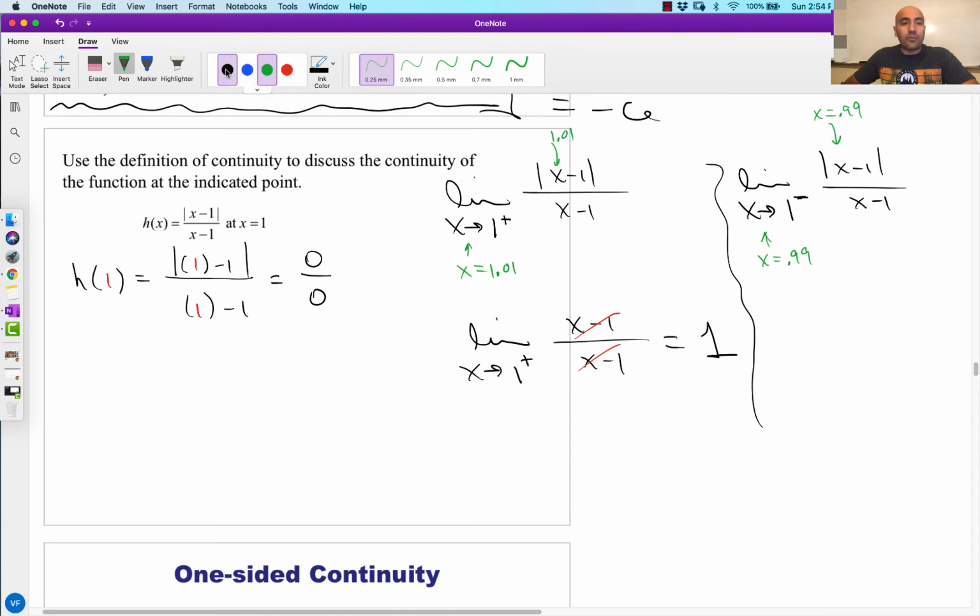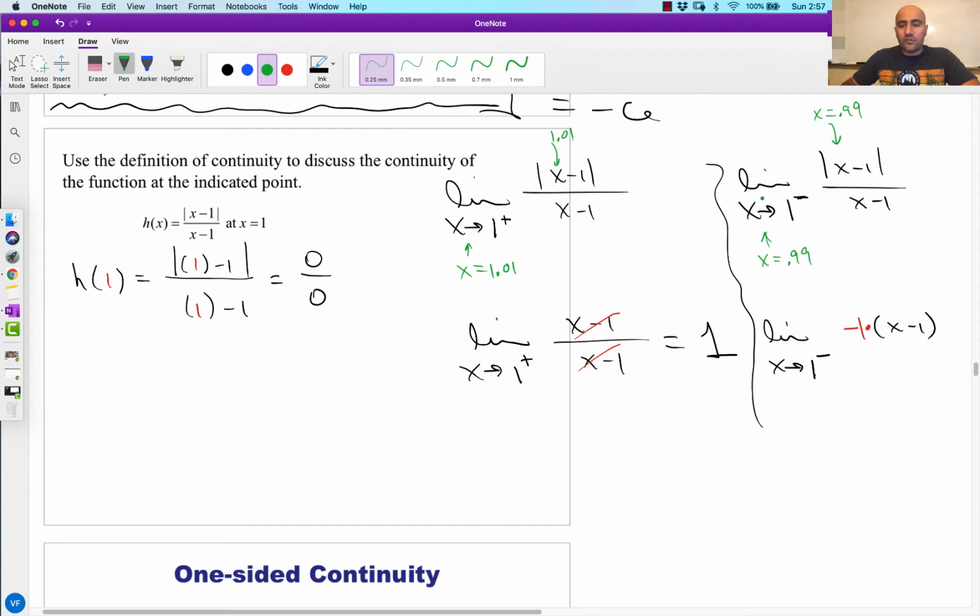So I can replace this absolute value by saying that it's equivalent to the following. It's the limit as x approaches 1 from the left-hand side of x minus 1, but always times a negative 1. Now, why do I have to throw in that extra negative 1? I know that can look a little confusing.